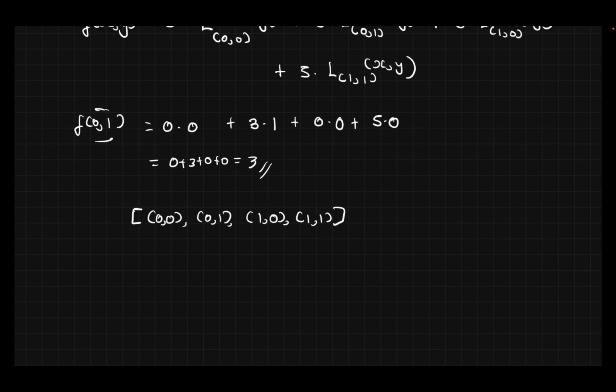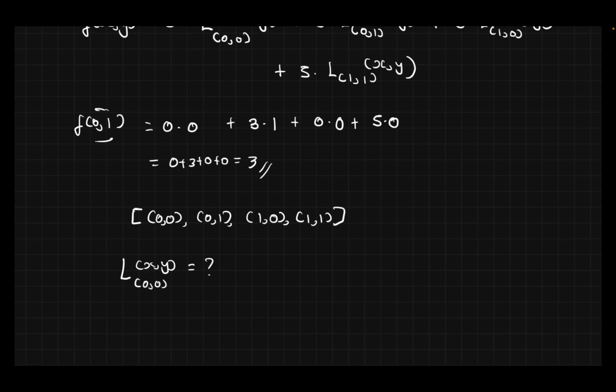We want to create something that if it sees one of them, it will turn to 1. So that's like L of 0, 0. In this function, if it gets 0, 0, it will give out 1. But if it gets any other thing here, it's supposed to give out 0.